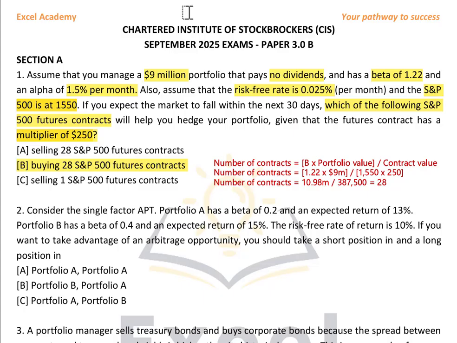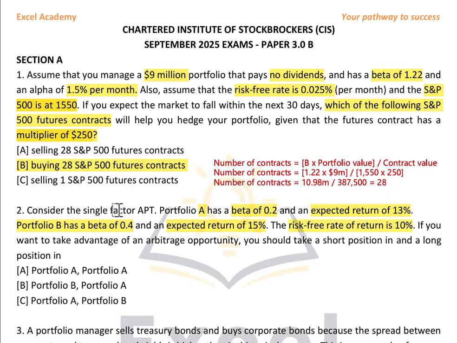Consider the single factor APT. Portfolio A has a beta of 0.2 and expected return of 13%. Portfolio B has a beta of 0.4 and expected return of 15%. The risk-free rate is 10%.